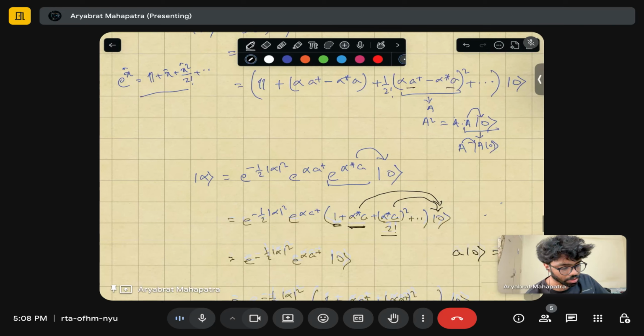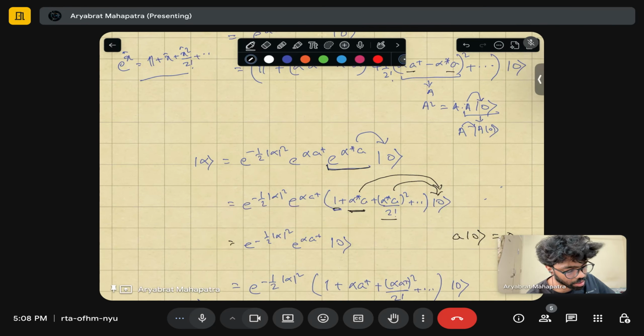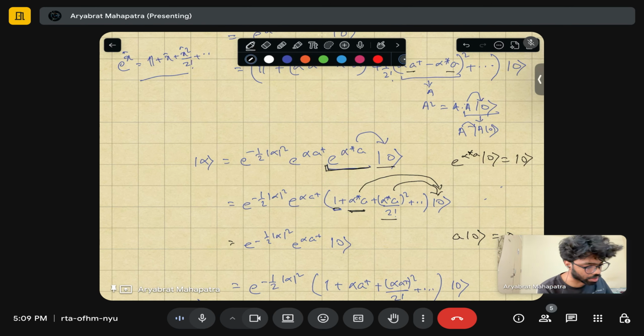Here, luckily, one of the exponentials just gave zero. When you operate this operator on this state, you found just zero, because e to the alpha-star a gave you only zero, which we saw right here.